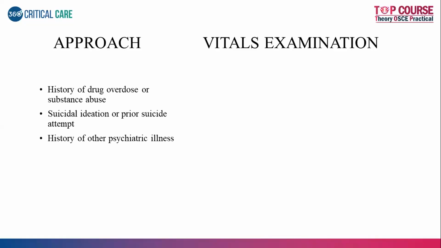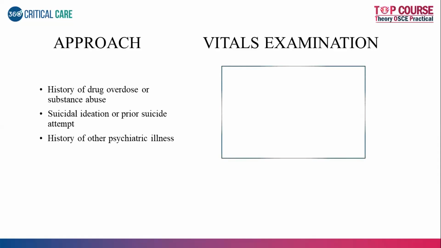And third is whether there is a history of psychiatric illness. These are important apart from the history you usually collect: what type of drug, what amount, when did he consume it, whether he went to a previous hospital, whether any gastric lavage was given. Apart from all these, the three are a very important history that you should obtain from the relatives.